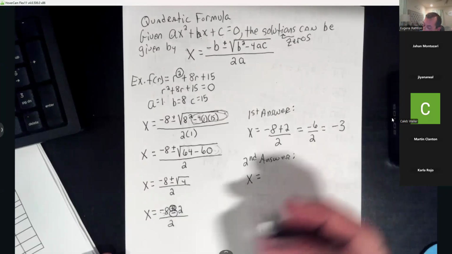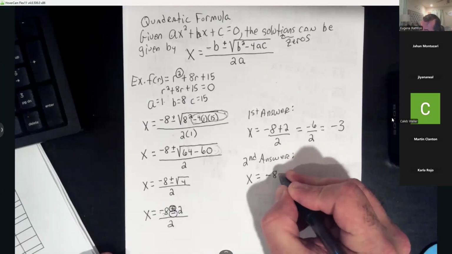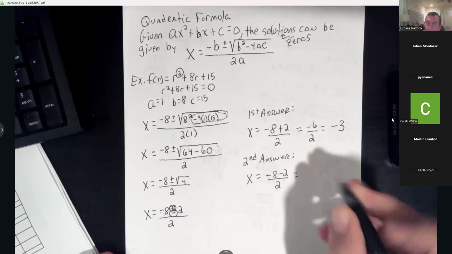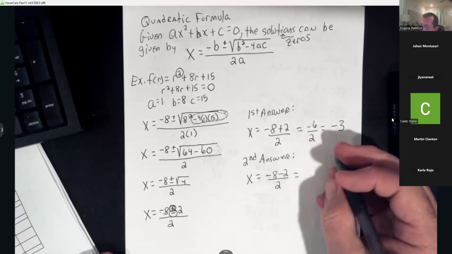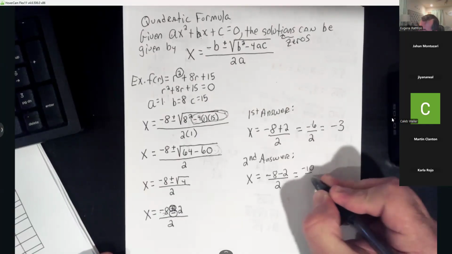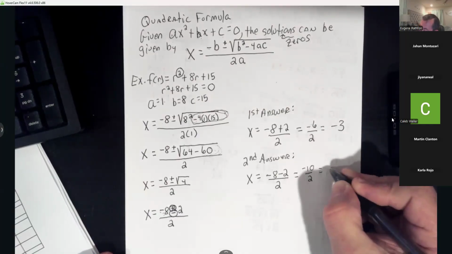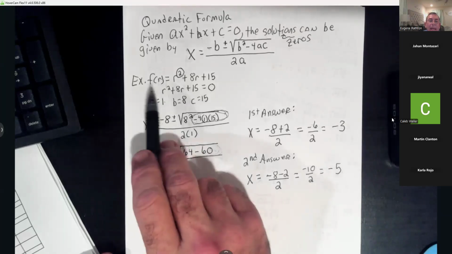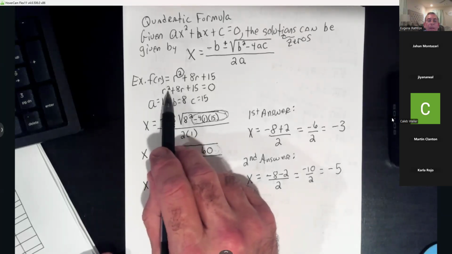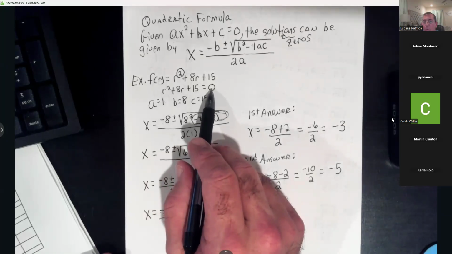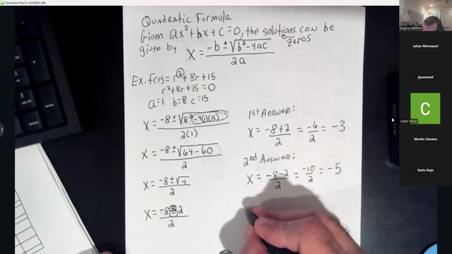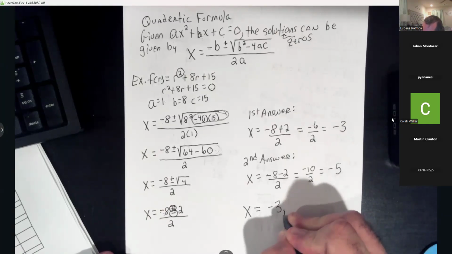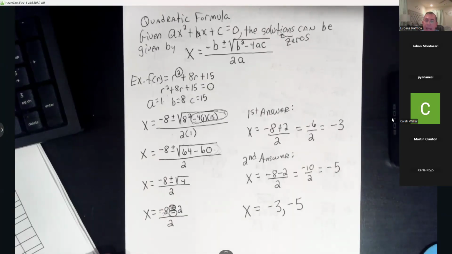So I'm going to do -8 minus 2 divided by 2. Well, -8 minus 2 is a -10 divided by 2, which gives me a -5. So if you put a -5 in for the x's, it will equal 0 when you evaluate it. So the answers are going to be x equals -3, comma, -5.